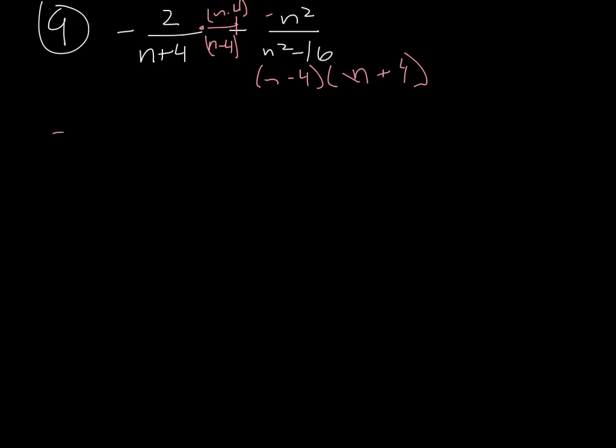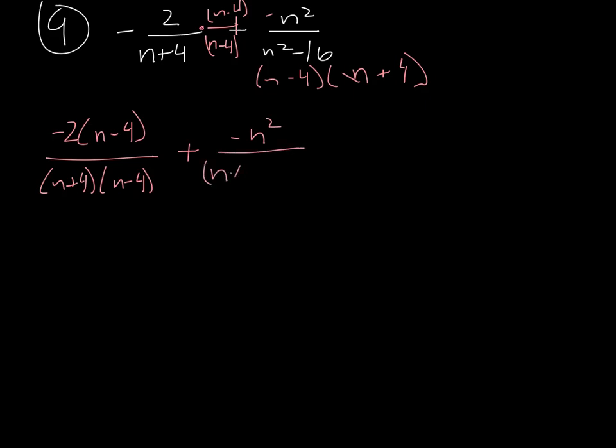So this is like a negative 2 times n minus 4, and on bottom, I would have n plus 4 and n minus 4. And then again, I already have that plus. I changed the subtraction to a negative, and I have n plus 4 and n minus 4. So now since I have the same denominator, I can combine them together.